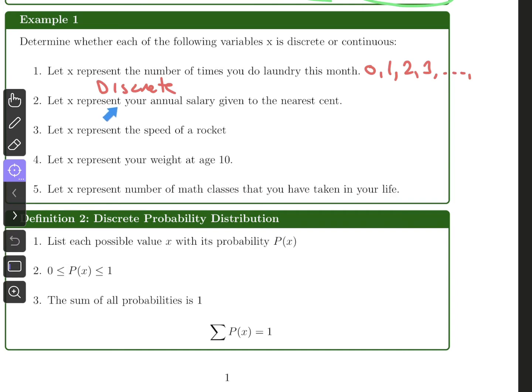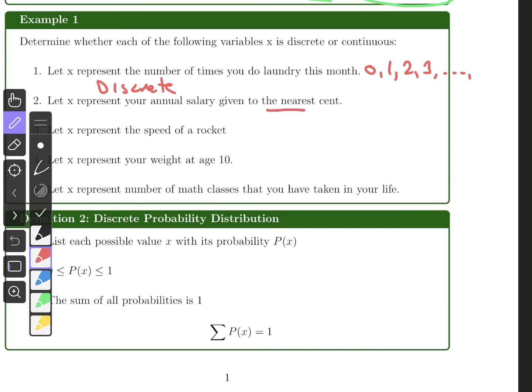Then we have X represents your salary. Now, this one is usually continuous, but I put a little thing here that says nearest cent, which means that there is actually a finite number of salaries. Again, when I say finite, I mean countable.